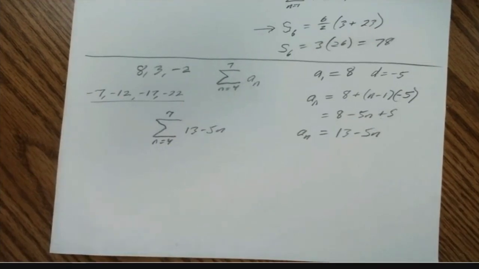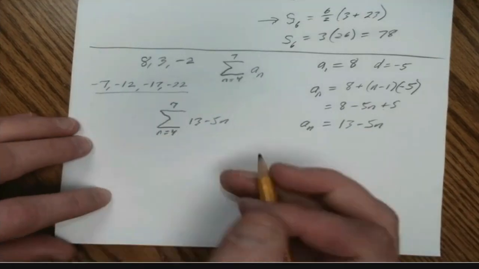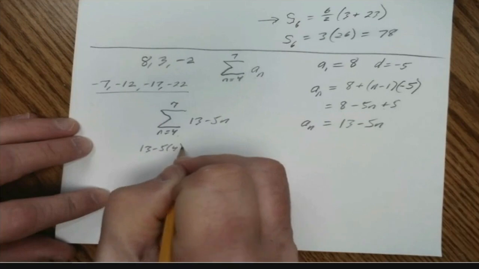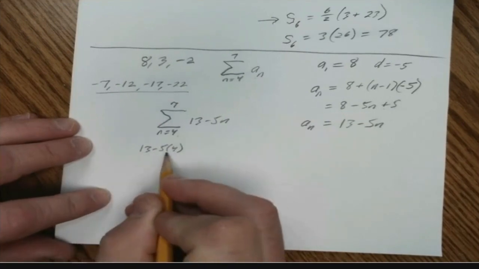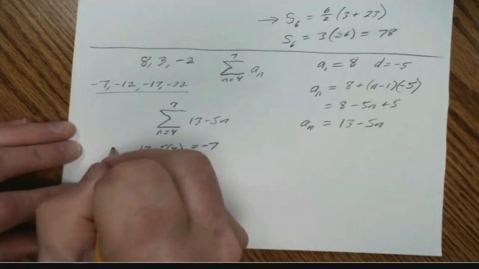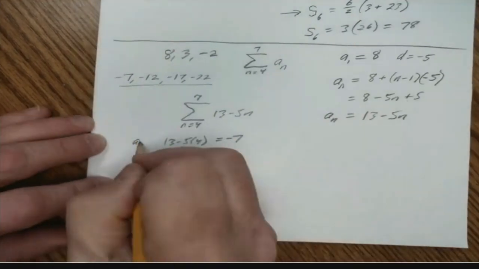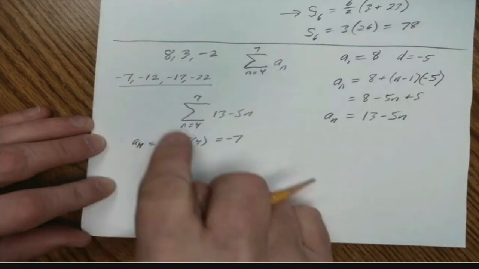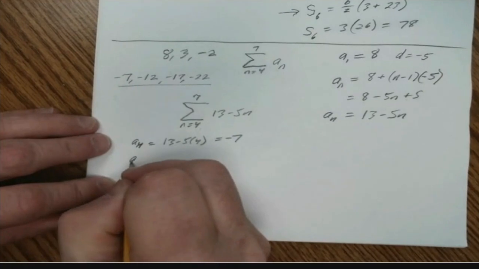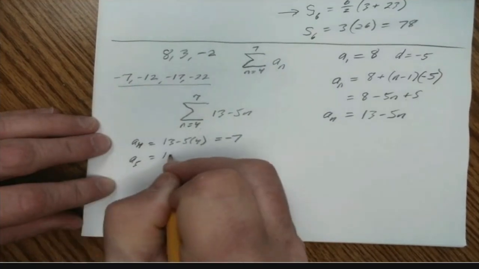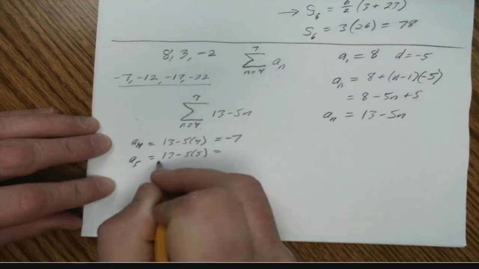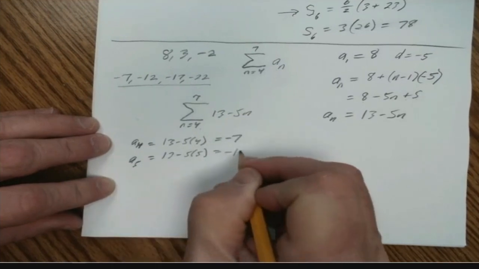Now, again, for this, we just have 4 through 7. So now we can say 13 minus 5 times 4. Well, 13 minus 5 times 4 is 20. 13 minus 20, so that's negative 7. That's what the fourth term is, which, again, we can easily calculate, and so it's easy to double check our work. A sub 5 would be 13 minus 5 times 5. 13 minus 25 is negative 12.